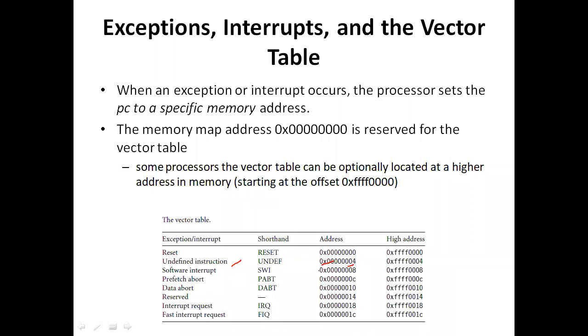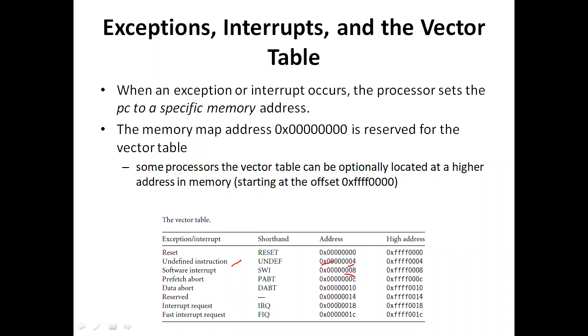When there is a software interrupt, the execution will begin at memory address 0x08. For a prefetch abort, execution begins from 0x0C. For a data abort, execution begins at 0x10.